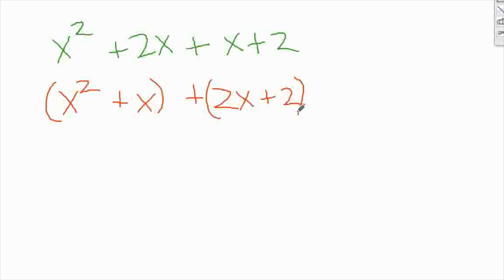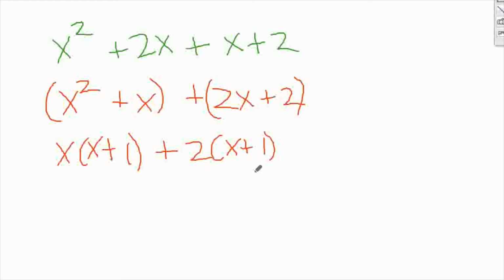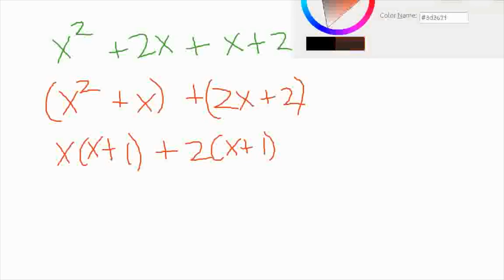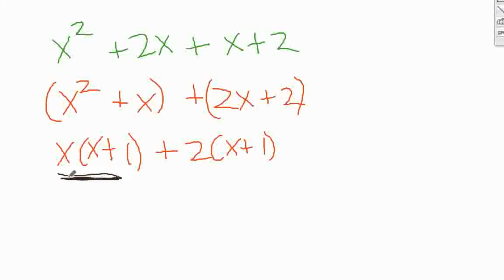Okay, now go ahead and factor the first pair. You have an x in common. Okay, and on the second pair you have a 2. You have a factor of 2 in common. Okay, and now you have two terms. They both have parentheses, don't they? You have this term, x times x plus 1, and 2 times x plus 1.